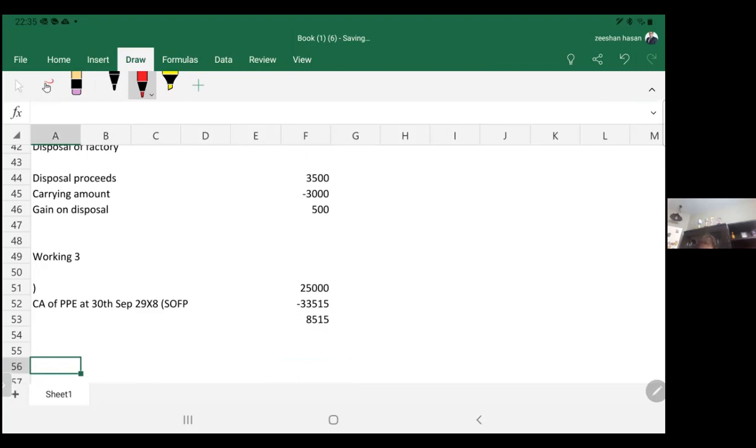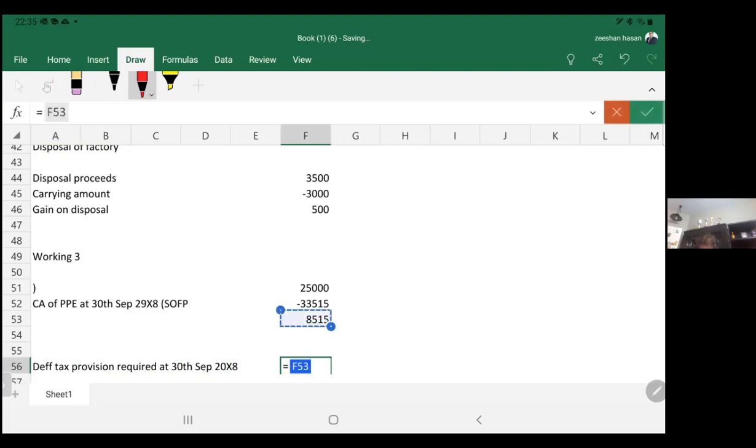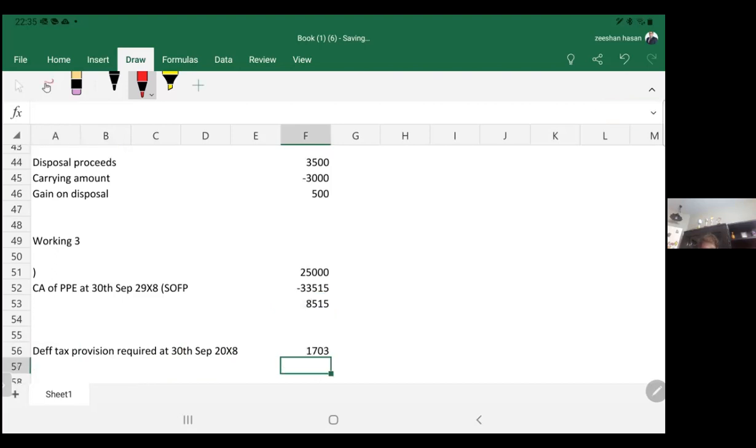Now deferred tax provision required at 30th September 2008. It's 8515 multiplied by 20%, 1703.